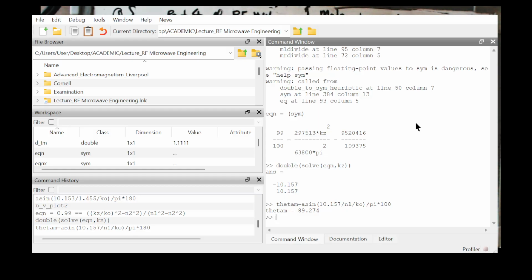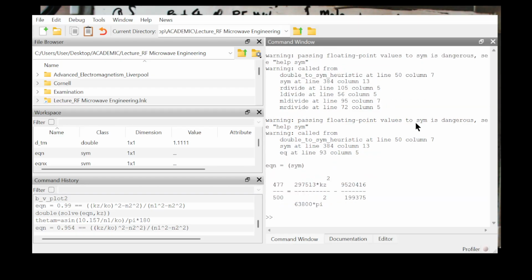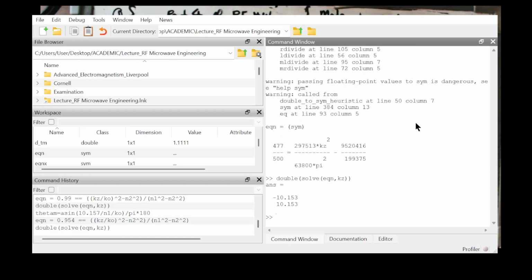And I'm going to solve the second one. The second one has the value of b equals to 0.954. And then I'm going to solve the value of kz.